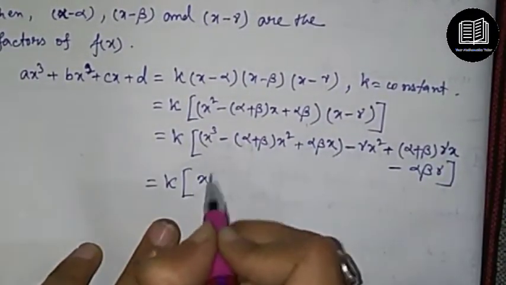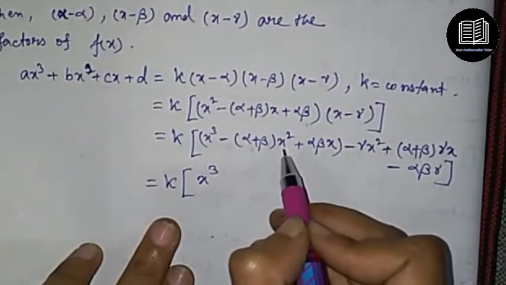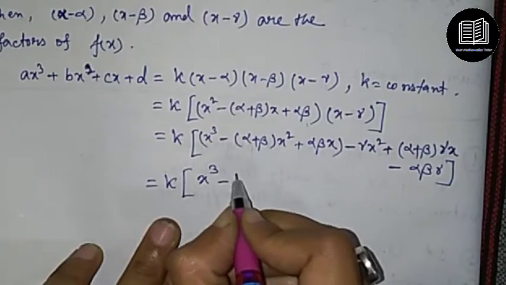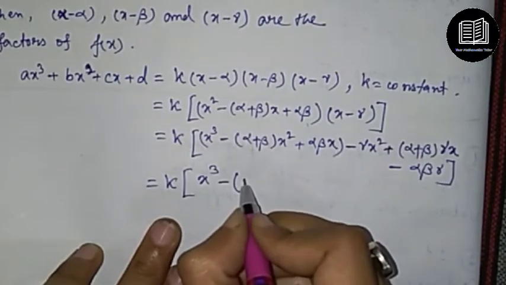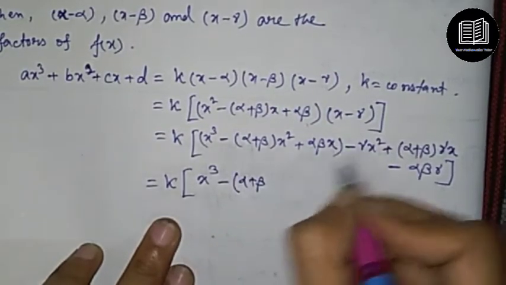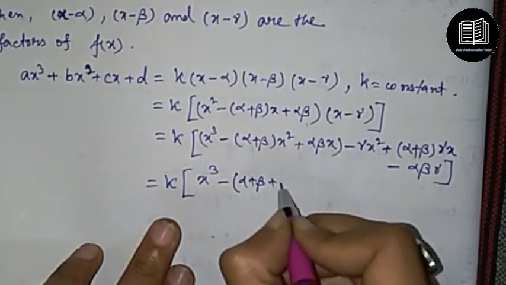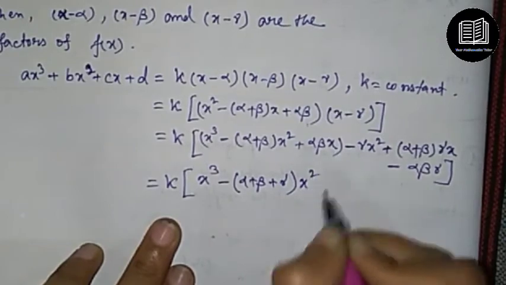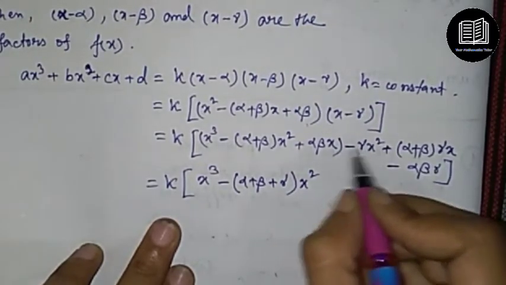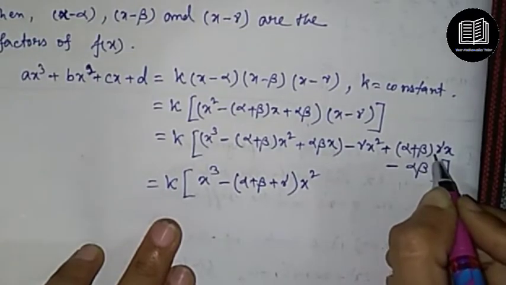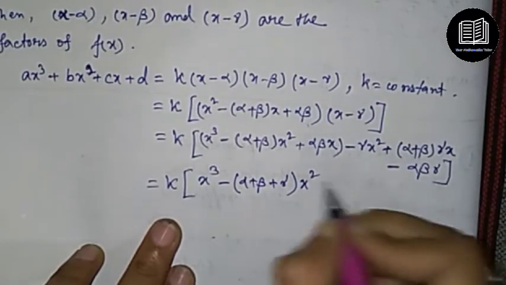Now, x cube. See, there is an x square term here and here is an x square term, so taking x square common, we can write minus (alpha plus beta), and taking out the minus, plus gamma x square, right? Next, here alpha beta x and here (alpha plus beta) gamma x.